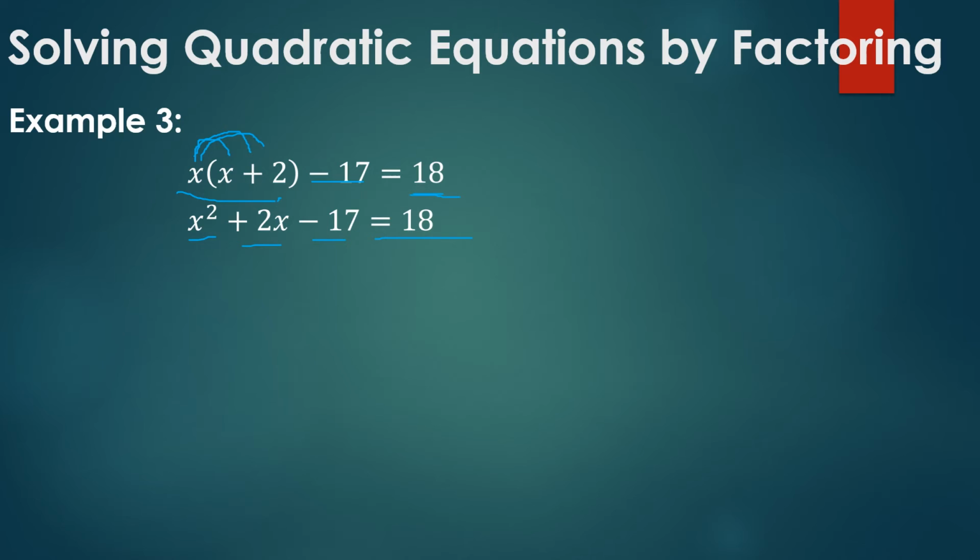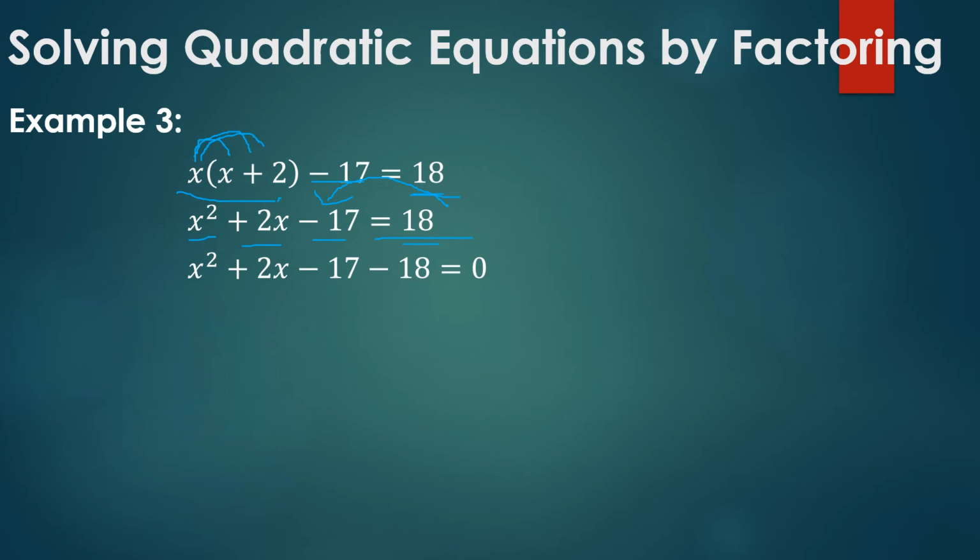Next step, we are going to make the right side of the equation equal to 0. How are we going to do that? It is by transposing positive 18 on the left side of the equation, or adding both sides of the equation by the opposite of positive 18, which is negative 18.